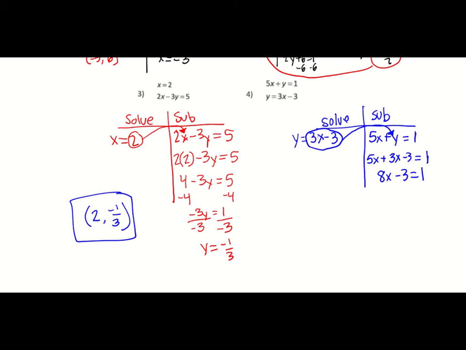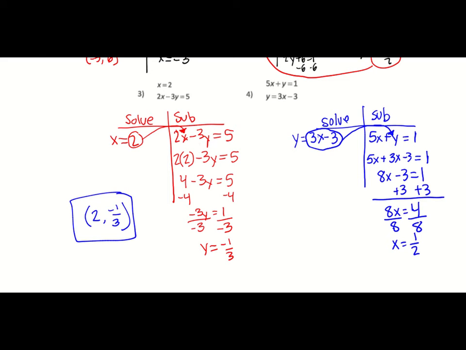To solve for x, I'm going to add 3 to both sides. Last step is to divide both sides by 8. I get x is equal to 1/2.